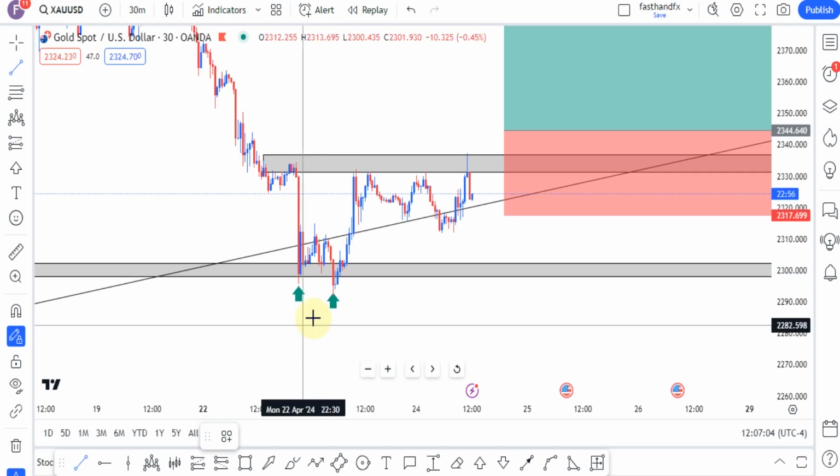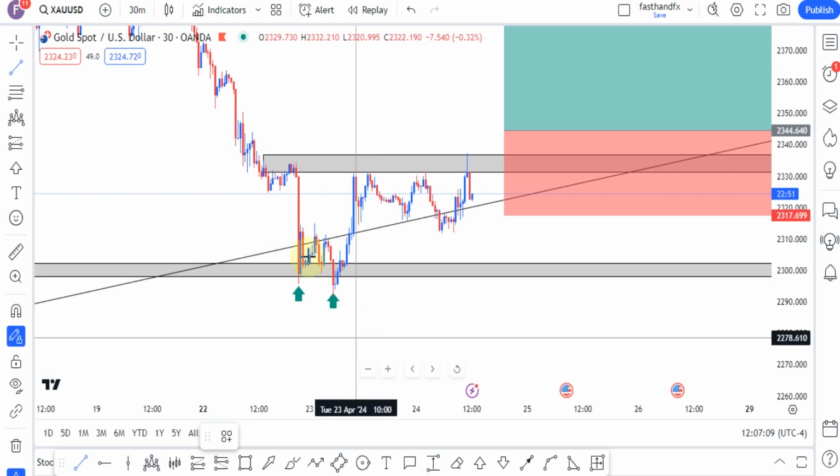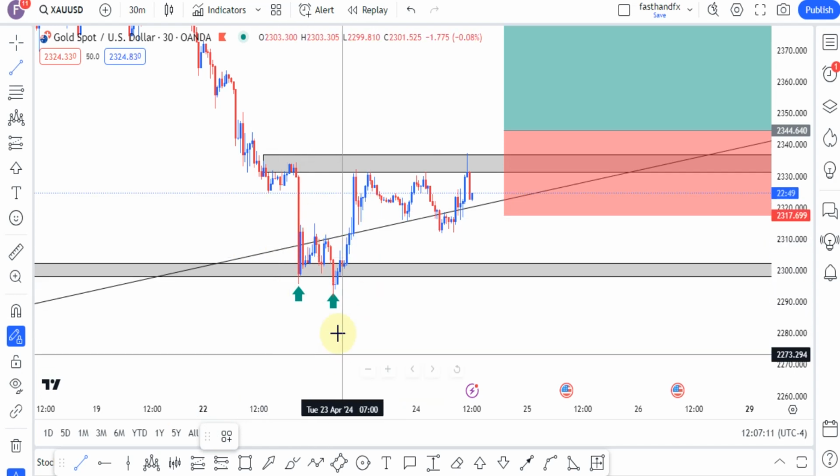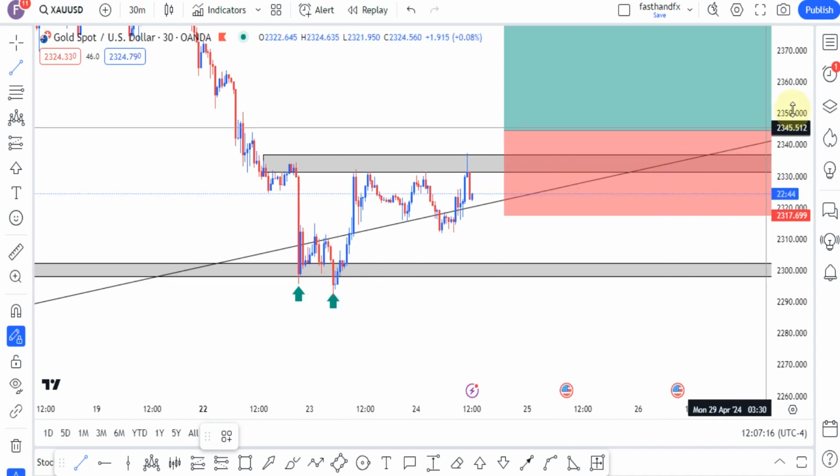But you shouldn't always use the double bottoms alone. You should use them with other patterns and confirmations before you go in for your entries.